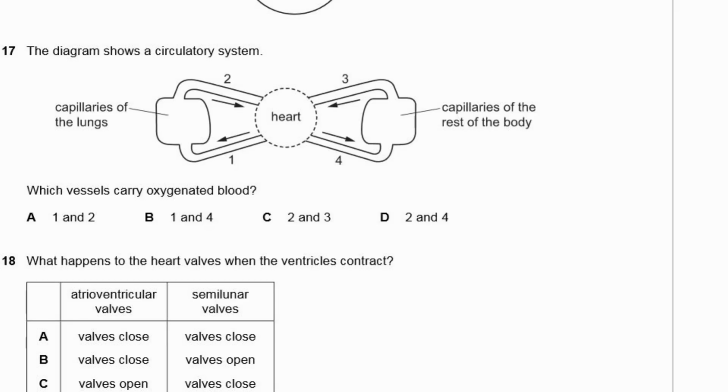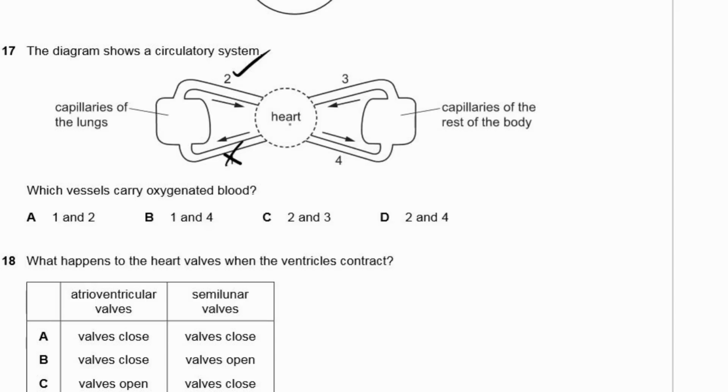Question 17. The diagram shows a circulatory system. So we have our heart, and we have the lungs and the body cells. So which vessels carry oxygenated blood? Okay, so from our heart, the blood goes to the lungs because it doesn't have oxygen. It needs to pick up oxygen, so it's not one. Once it's in the lungs, it picks up oxygen, so it sounds like it could be two.